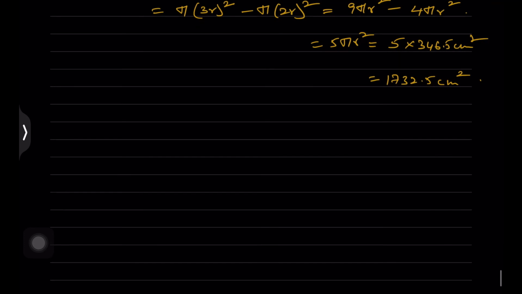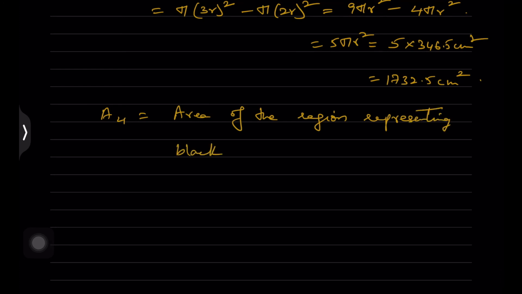Next, going into the fourth area, area of the region representing black scoring area, which is equal to pi into 4r whole square minus pi into 3r whole square.